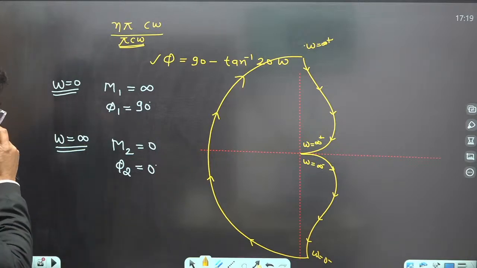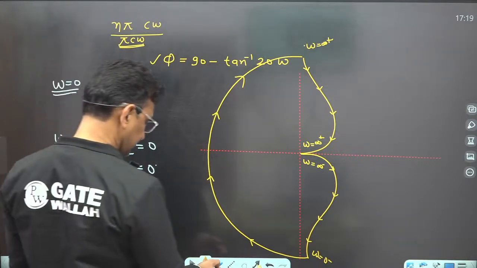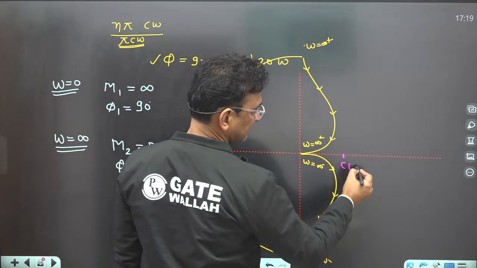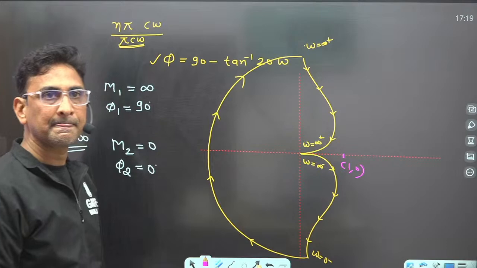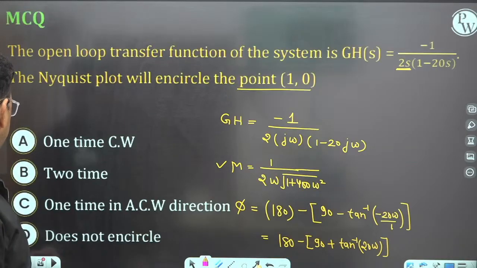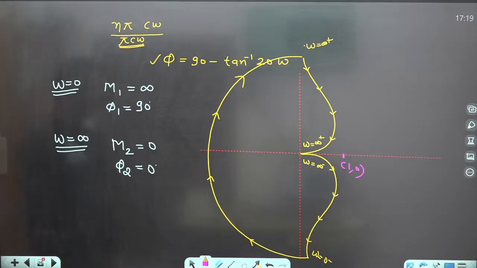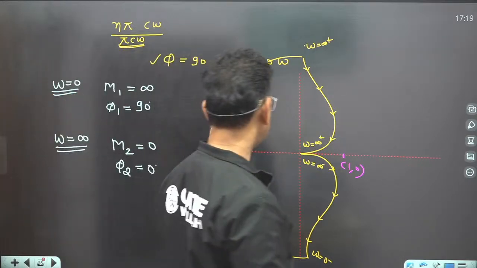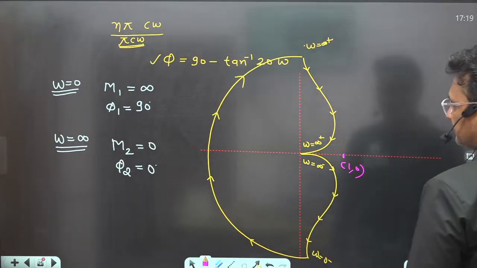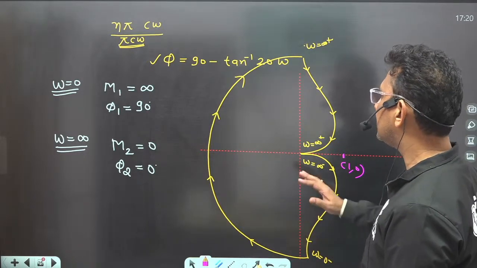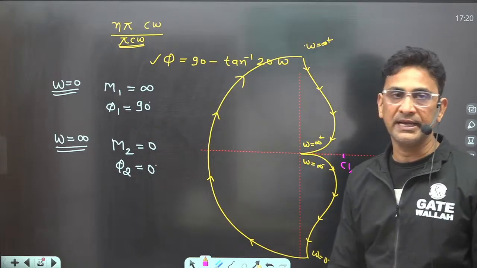Now tell me how many times it is encircling? The 1 plus j 0 point will be somewhere here. It does not encircle. The D is the correct answer. If they had asked how many times it is encircling the minus 1 plus j 0 point, then the answer would be 1 time.